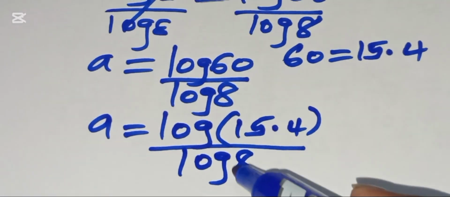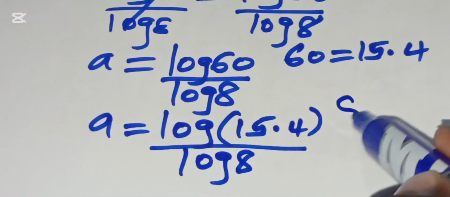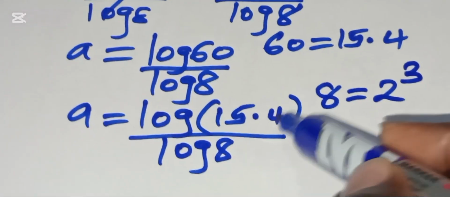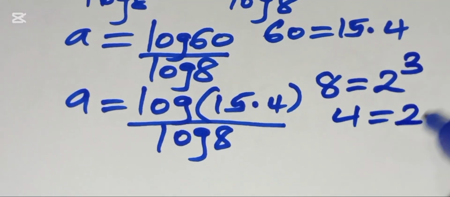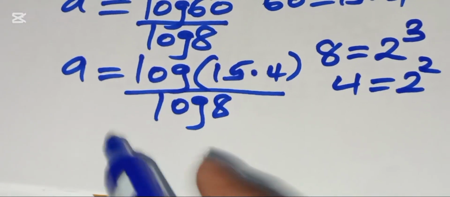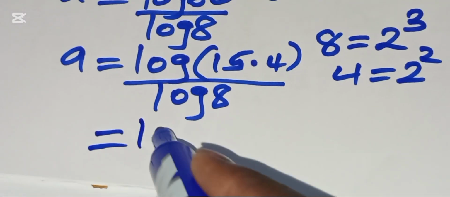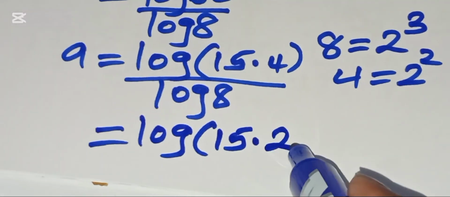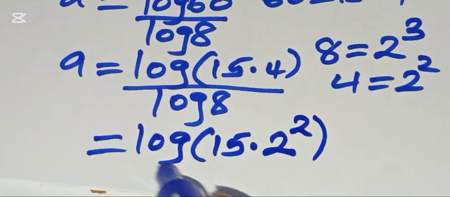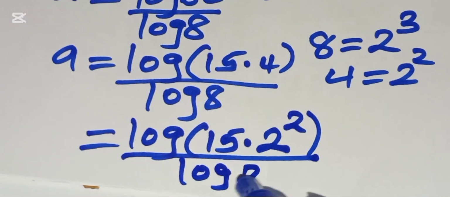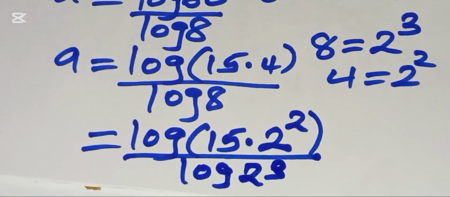In the same way, we can express 8 as 2 raised to power 3, and 4 as 2 raised to power 2. This is the same thing as log of 15 multiplied by 2 raised to power 2, divided by log 2 raised to power 3. So let's proceed from here.